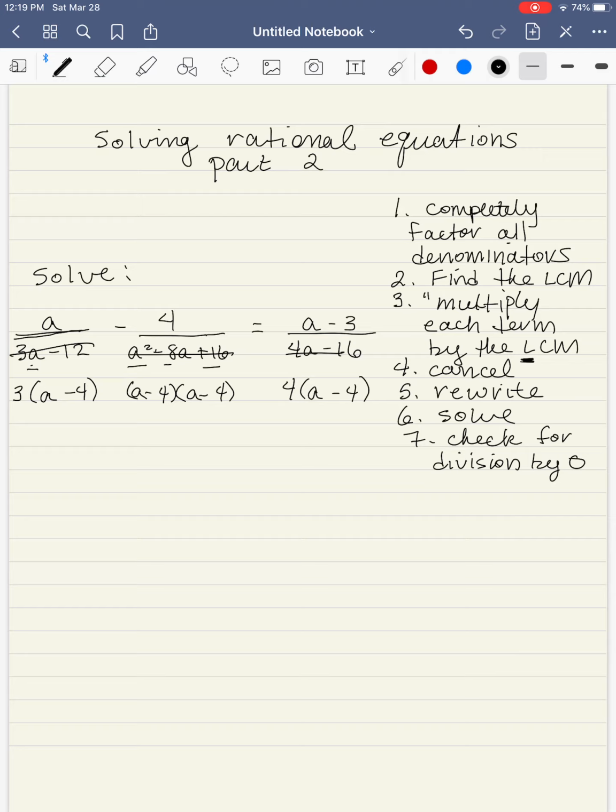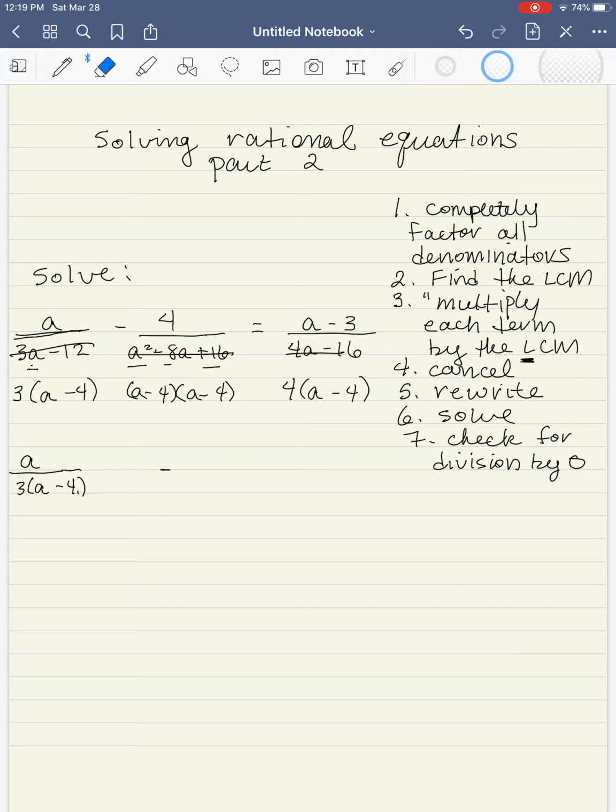So if I wanted to rewrite that for clarity, I'm going to leave a little bit of extra room in between, because I know in a minute I'm going to need to put my LCMs in there.